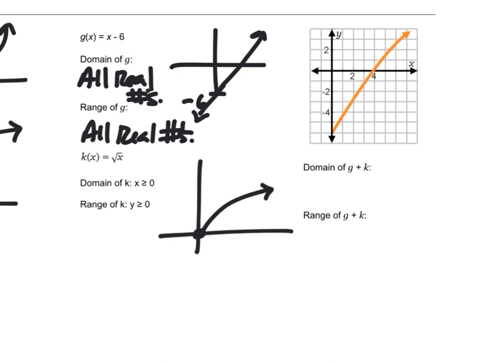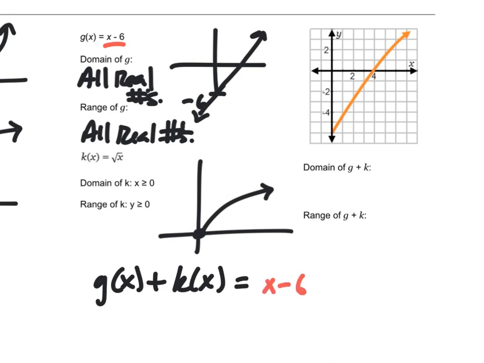Let's say we took g of x plus k of x, all right? Let's take g of x, which is x minus 6, and then let's add k of x to that, which is the square root of x. So we have this new function, x minus 6 plus the square root of x.